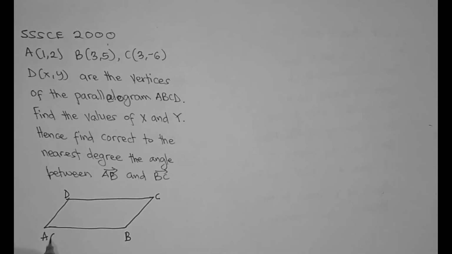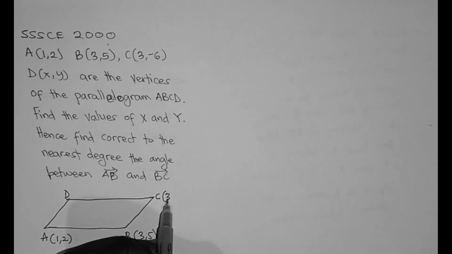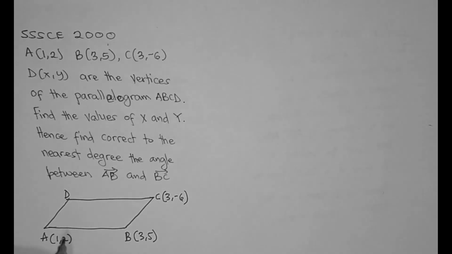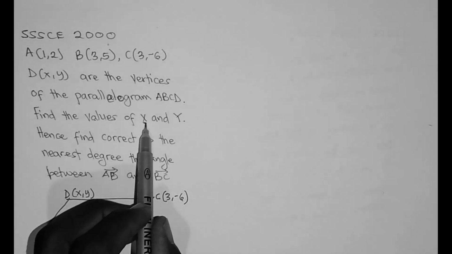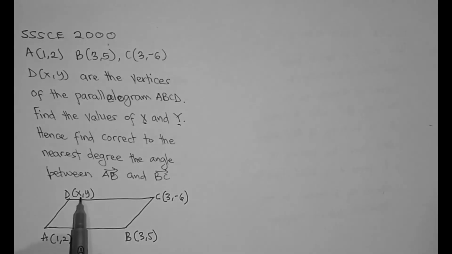The coordinates of A are 1, 2, and the coordinates of B are 3, 5. The coordinates of C are 3, minus 6, and the coordinates of D are x and y. Now the question is saying that we should find the value of x and y. So we need to find the coordinates x and y.